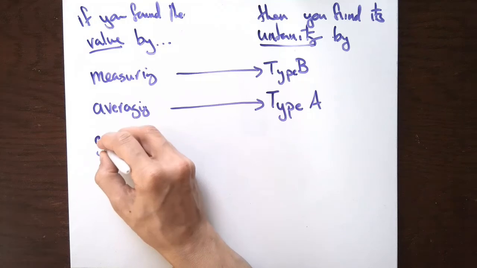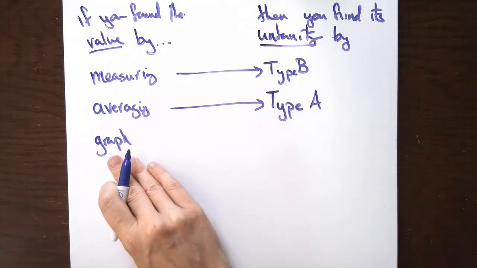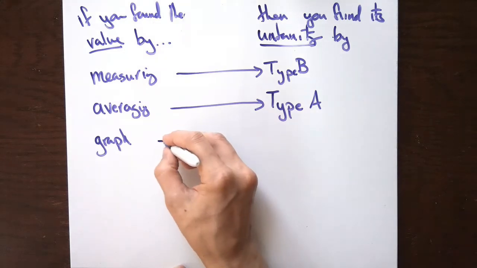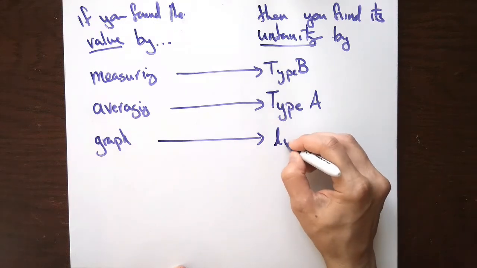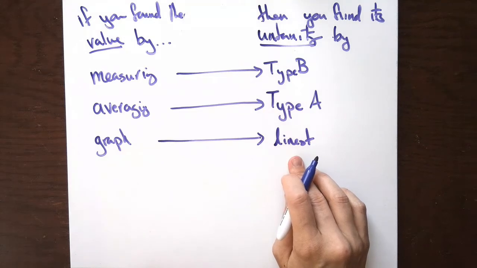If you graph to get the value, say you're looking at the slope or maybe the y-intercept, then you use a fitting program like the line estimation function that we've been using in Google Sheets.